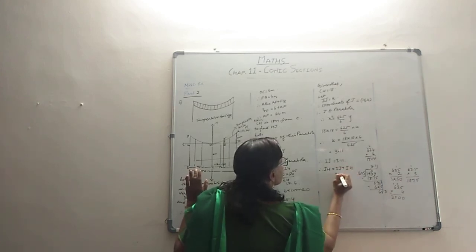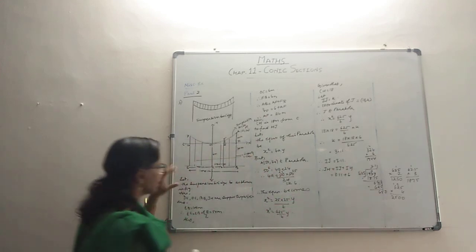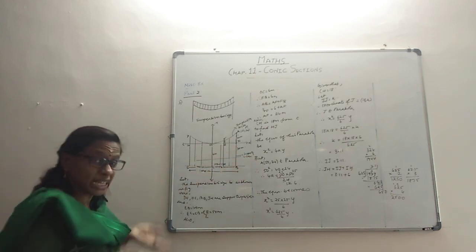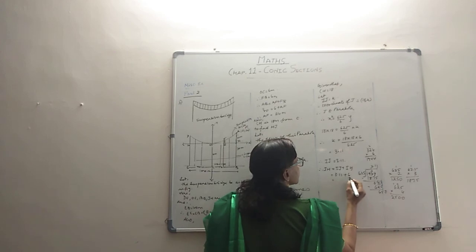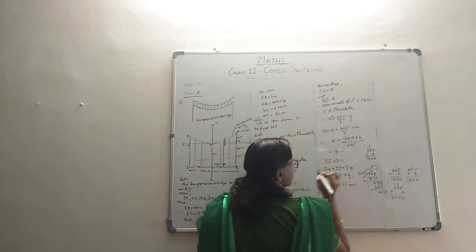That is 3.11 plus 6, because this is 6 everywhere, the smallest supporting wire, because we kept our axis there. It will come to 9.11 meters.